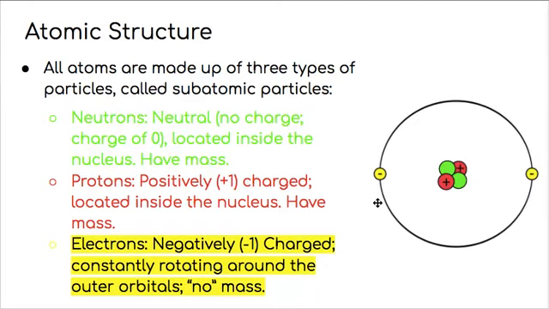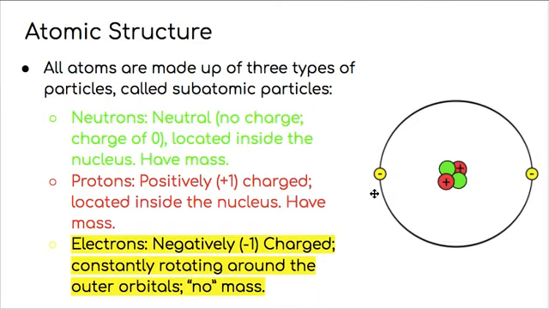Now, the most important takeaway from this slide is that you need to know, electrons, so they exist. We know from our first unit that anything that's a physical substance has mass and takes up space. However, electrons' mass is so small, even compared to how tiny an atom is, that we consider them to have no mass.